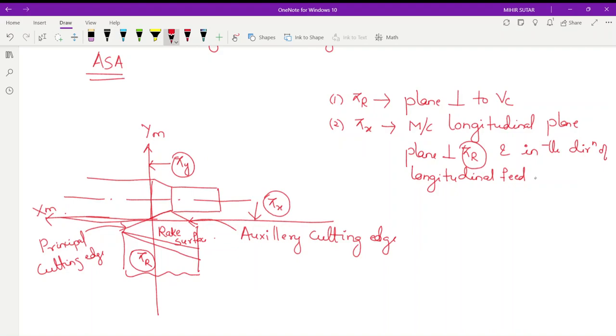Okay, that is your pi x. So you can see that this is the plane perpendicular to pi r plane and in the direction of your longitudinal feed. Third plane is your pi y plane.